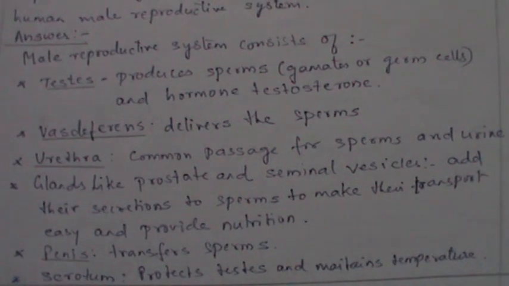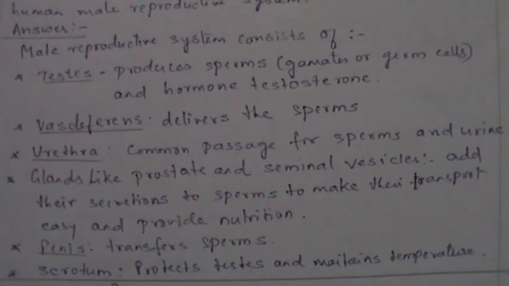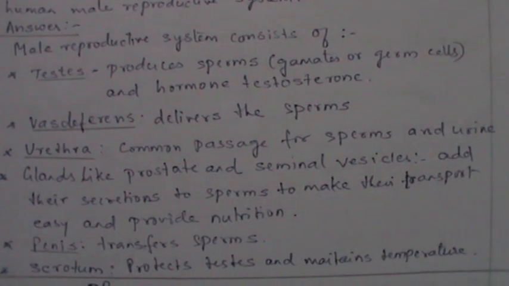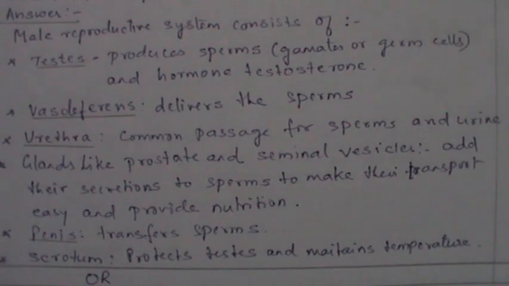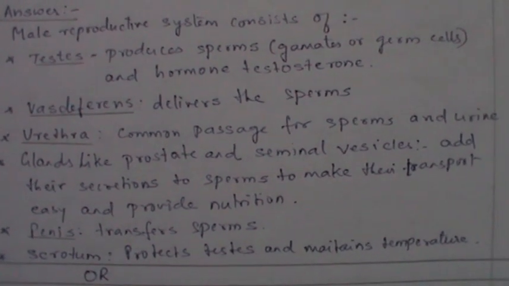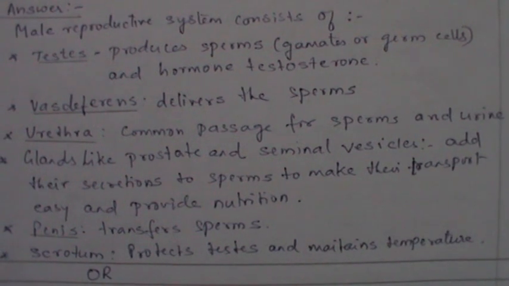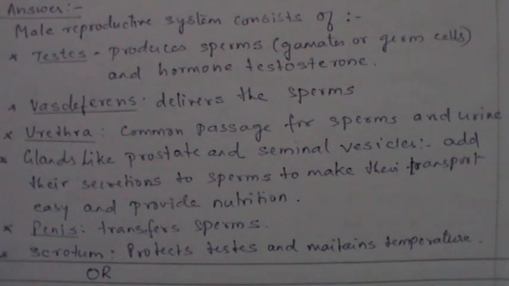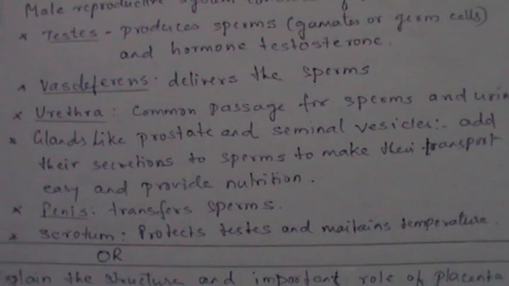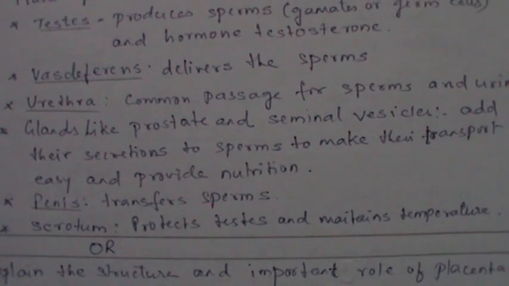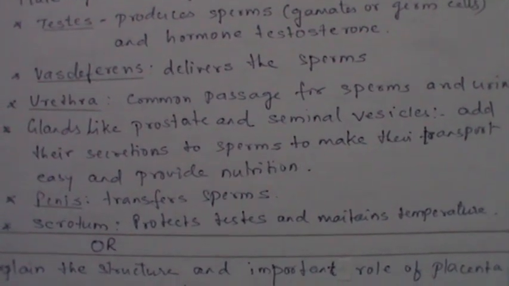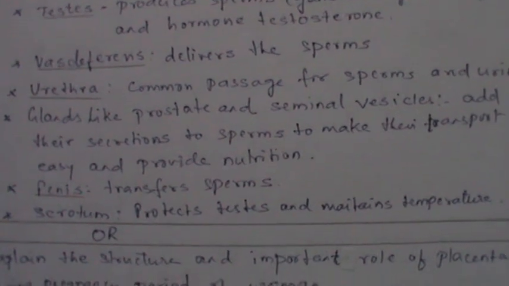Vas deferens delivers the sperms. Urethra, common passage for sperms and urine. Glands like prostate and seminal vesicles add their secretions to the sperms to make their transport easy and provide nutrition. Penis transfers sperms. Scrotum protects testes and maintains temperature.